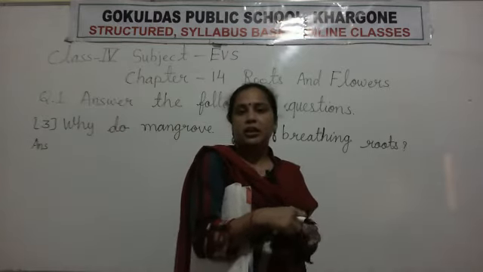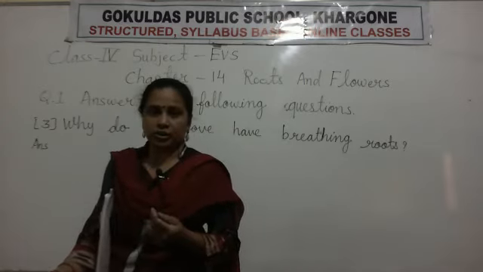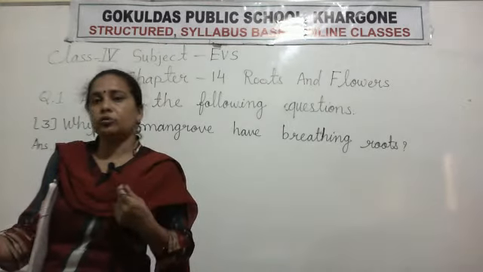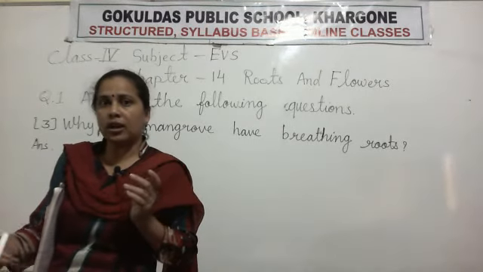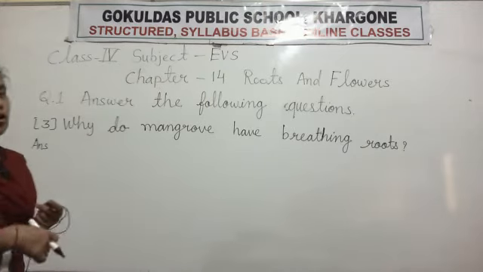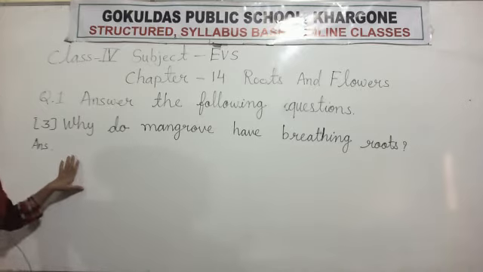Because the marshy area is fully covered with clay and water, and the root of that plant goes underground into the soil. But for breathing they need oxygen, and that area is fully covered with mud.